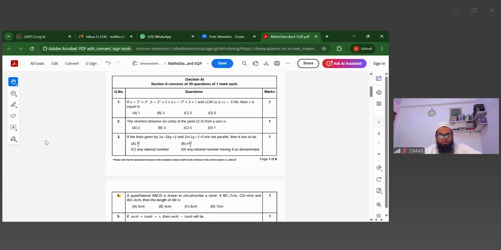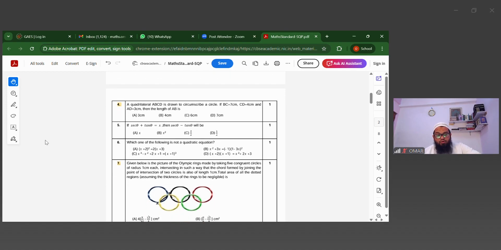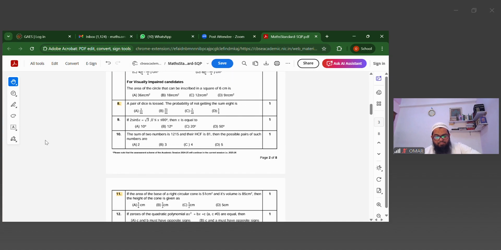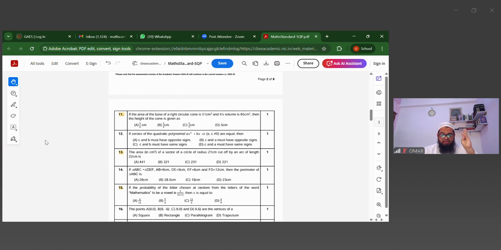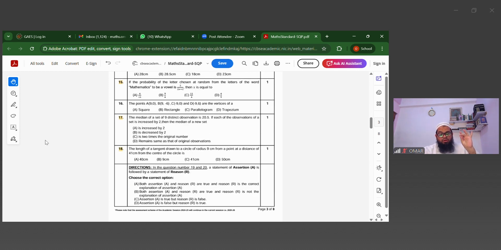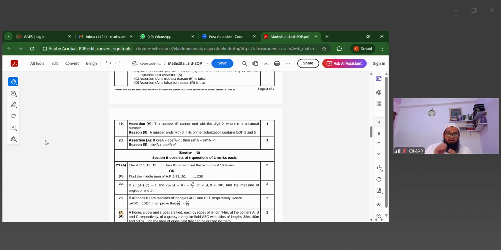And now let me explain. Suppose, for example, in the MCQs, the 4th, 7th, 8th, 11th, 13th, 15th, 17th and 18th problems. So a total of 8 questions out of the 20 MCQs have not been taught till now.